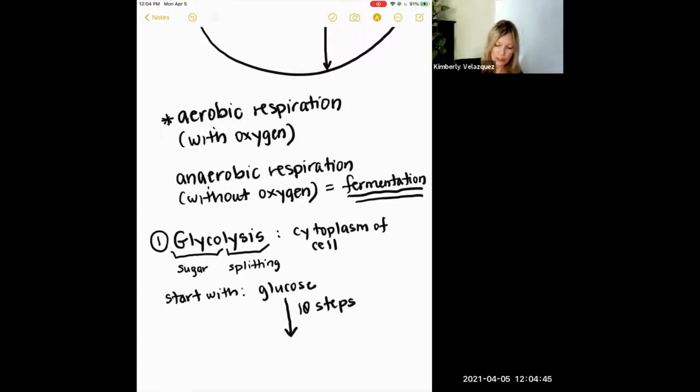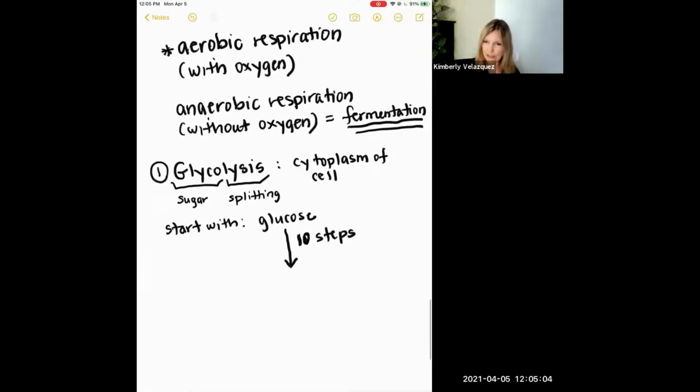I don't want you to know those 10 steps, but I want you to realize that the product of the first step then becomes the reactant of the second step. And then the product of that step becomes the reactant of the next step. There are enzymes involved at each stage. And throughout those 10 steps, we need to use 2 ATP as an energy source to get things started.